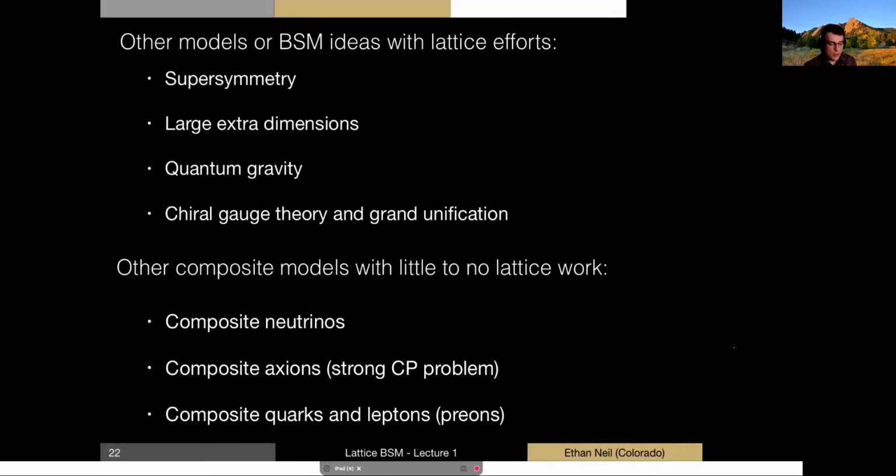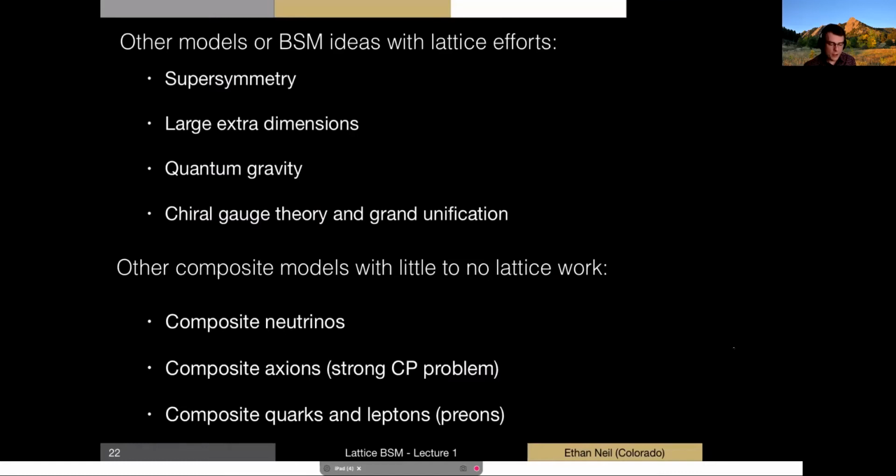Large extra dimensions, so having more than 4 dimensions in your theory, which is related to other ideas to solve the Higgs hierarchy problem and have physics beyond the standard model. There are lattice simulations along those lines, 5-dimensional theories. Quantum gravity, there are lattice models of what's called dynamical triangulation. I will not go into details about it all, but I can point you to it if you're interested.